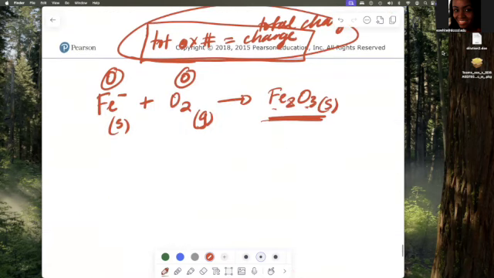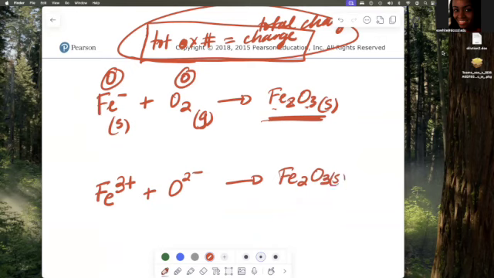So here, let's say for the same problem, instead of having elemental iron, we had iron 3 plus, okay? And then we had oxygen 2 minus, for whatever reason. And then this formed iron 3 oxide like that. This is a hypothetical. Say we had that.